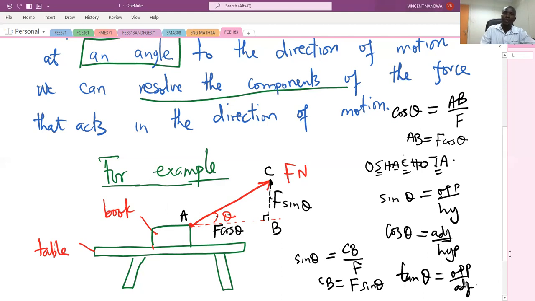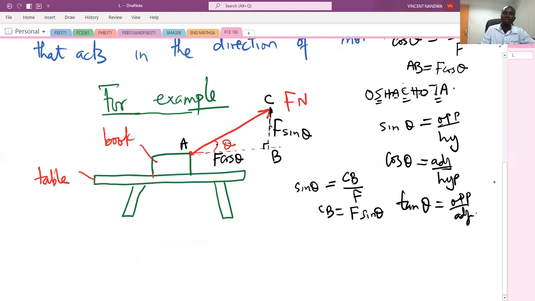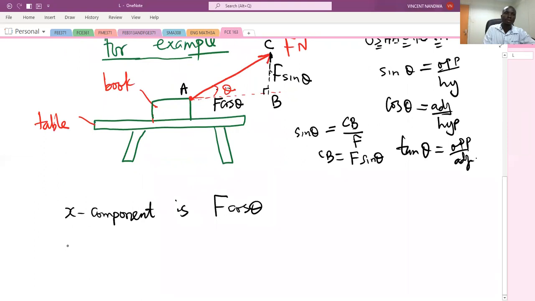So therefore, with respect to this force acting at an angle on this book on the table, the X component of the force is given by F cosine of theta, and the Y component, or the vertical component, of the force is F sine of the angle theta with which the force is acting on the book.